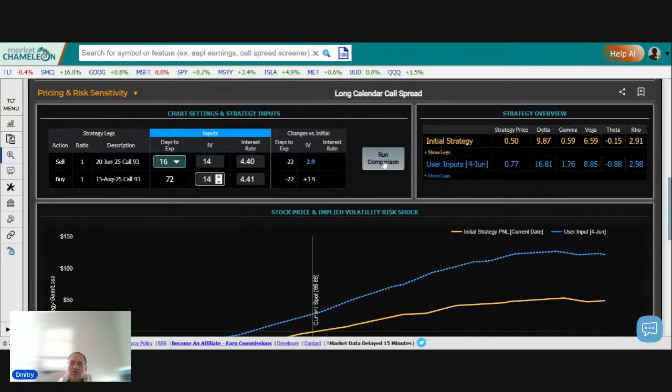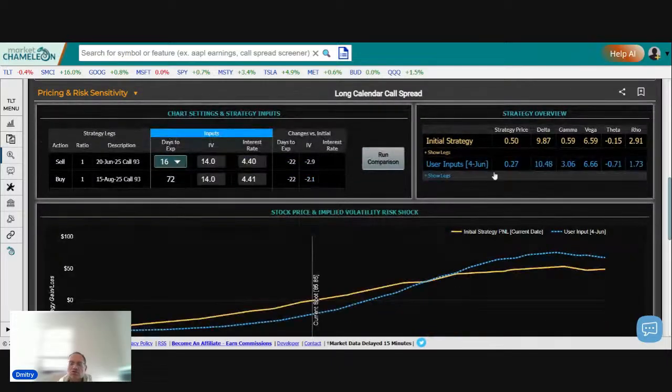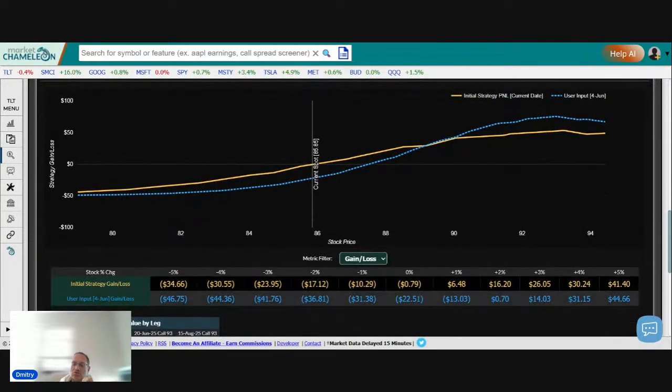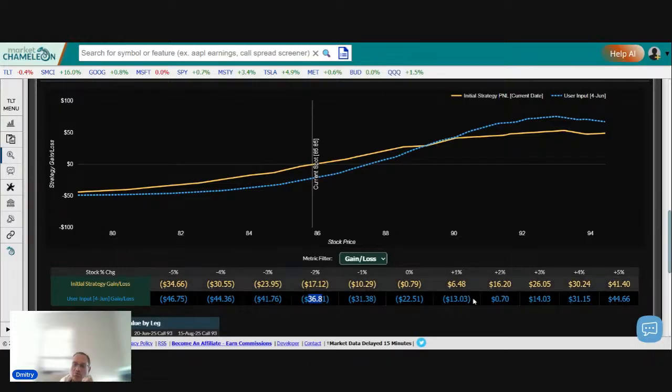Run that analysis. So you can see now I'm decreasing both implied vols and moving forward. All right, 22 days. Run that analysis. Now you see we're down. We went from 50 cents originally now to 27 cents. Right now, you could see the losses got greater on the downside, and even to the upside, a 1% gain in the stock.